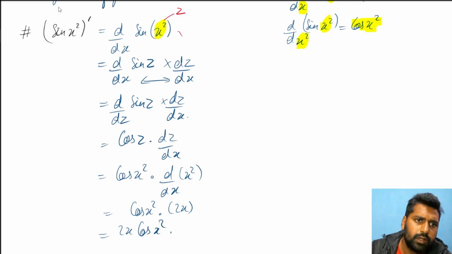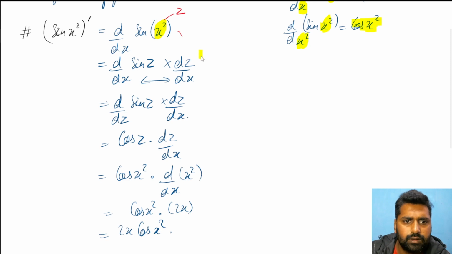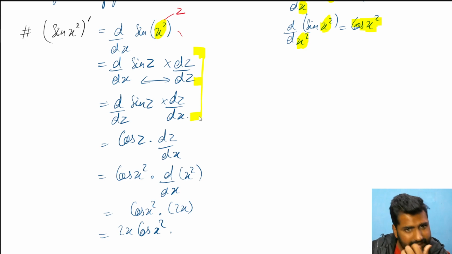Now these steps, like multiplying dz by dz, then interchanging them, then we get this, we'll just skip these steps directly from now onwards. So how can we skip these steps?